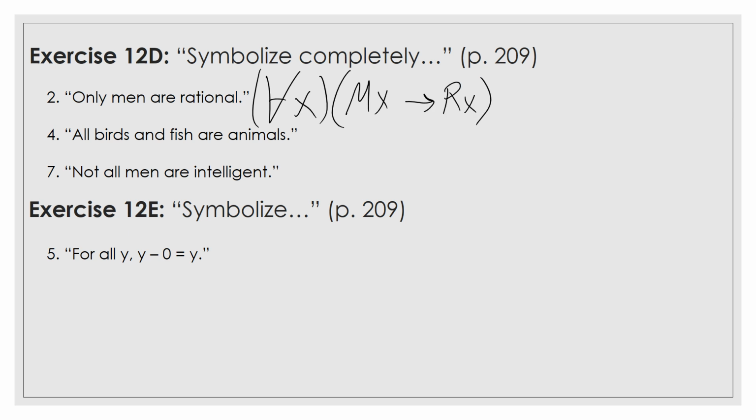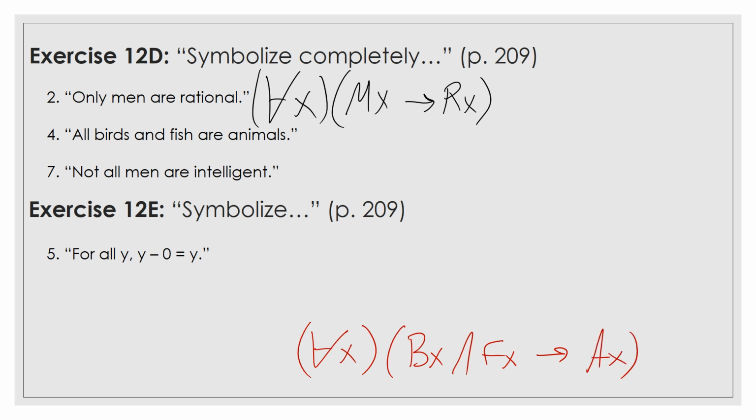Number 4 is all birds and fish are animals. Here we have to be careful because we might make a mistake. For example, we could not say for all x, if x is a bird and x is a fish, then x is an animal. That doesn't make sense. It's saying if x is both a bird and a fish, then it's an animal. So that's no good.